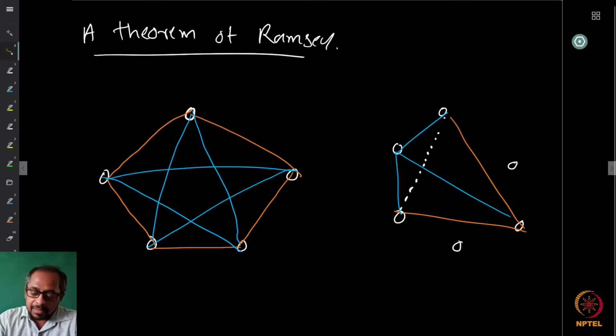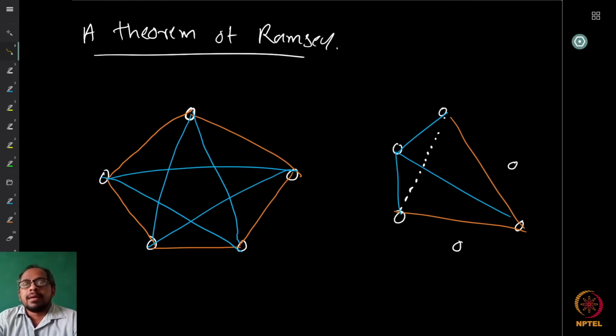Then we were able to show that you will find either a red triangle or a blue triangle, a complete graph on three vertices with all edges having red color or blue color. It's mutual strangers or mutual friends.